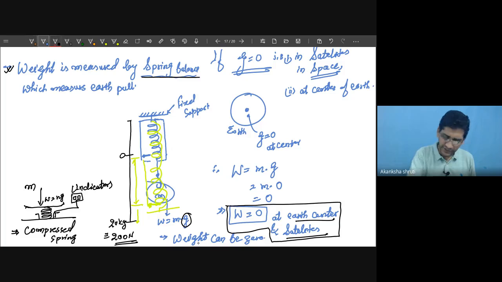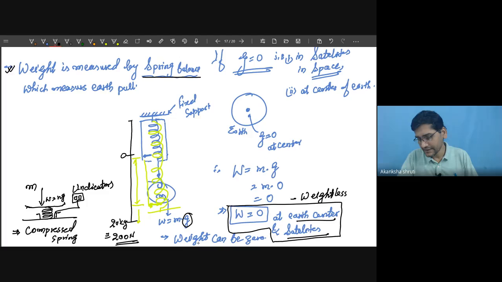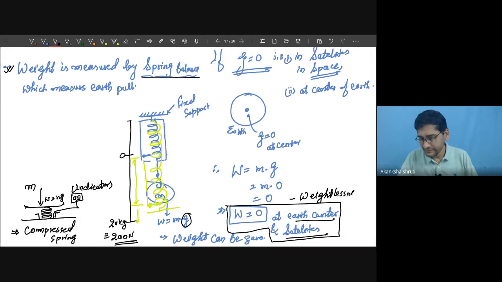Such a situation, when the weight is 0, is called weightlessness. More detail you will learn in higher study. Okay, so this was all about our mass and weight.